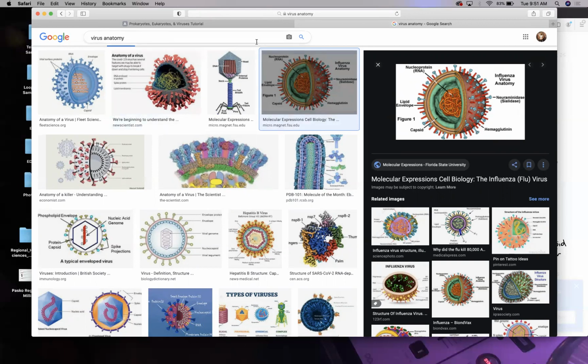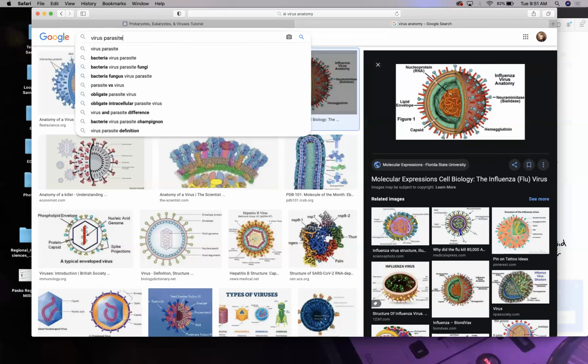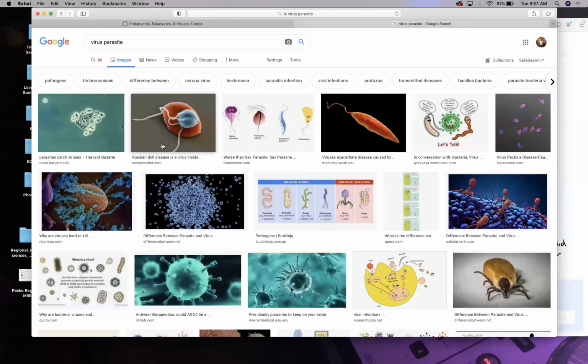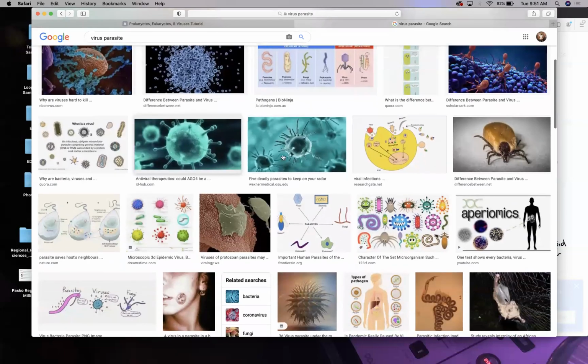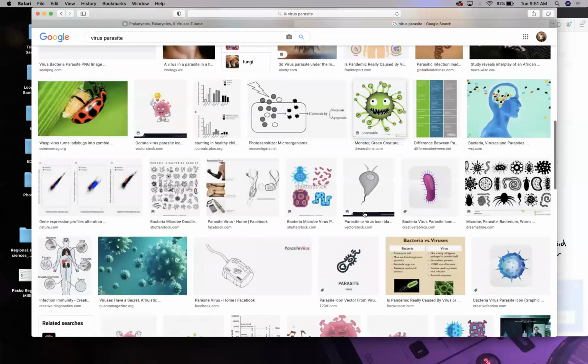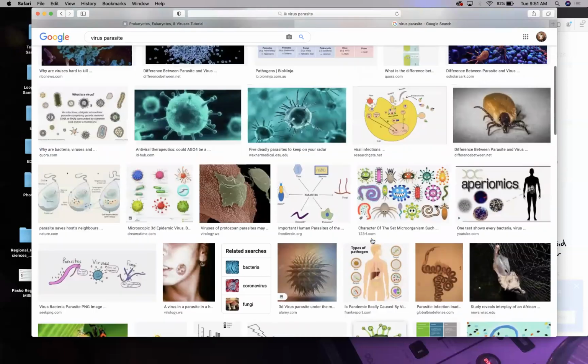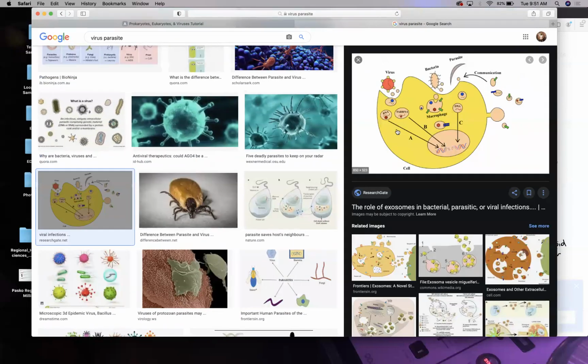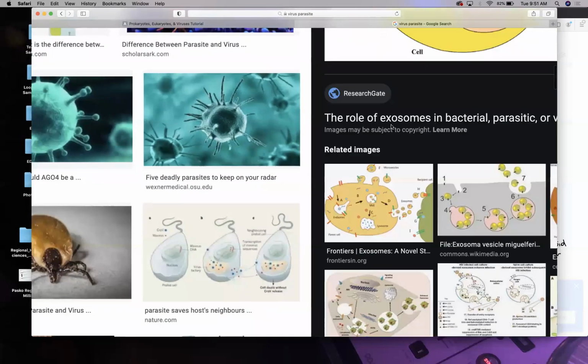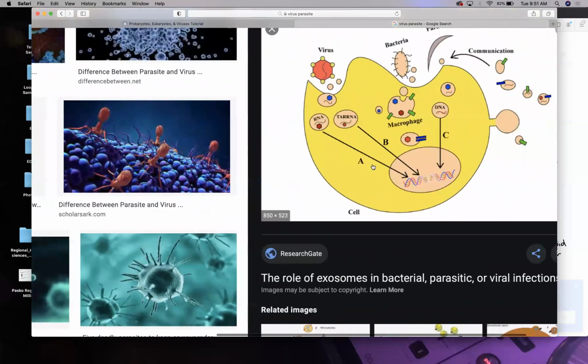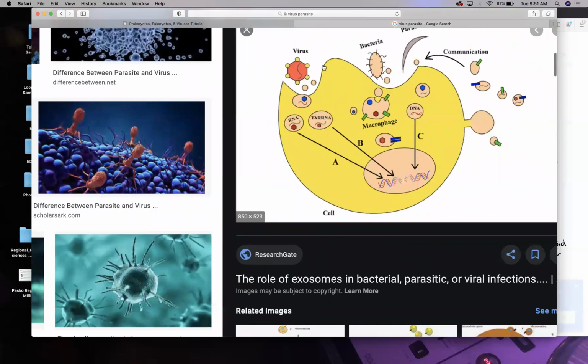Now, let's see how a virus invades. Let me see a good one, maybe like this one. Okay. If you look at this, remember you have the cell wall, and the virus is very, very small.